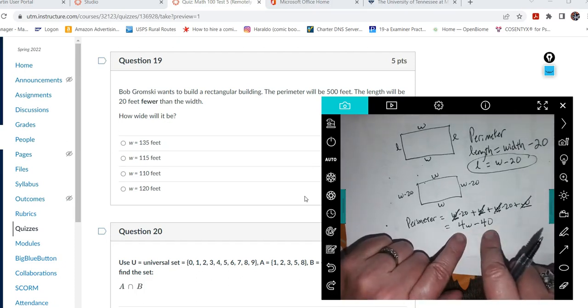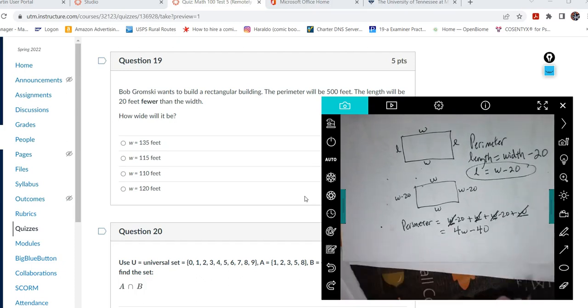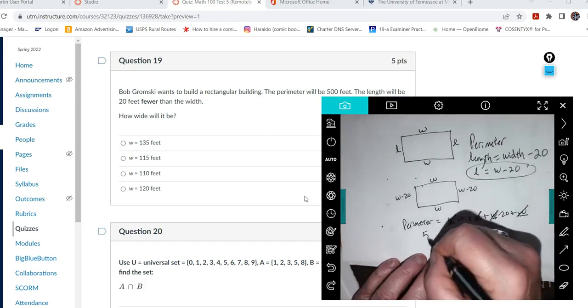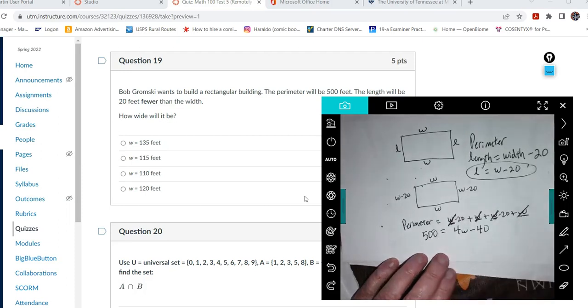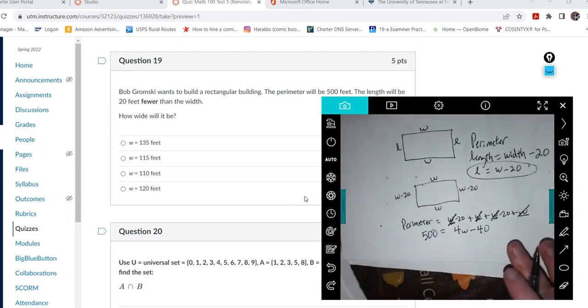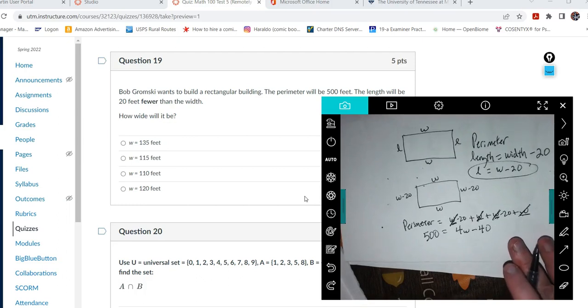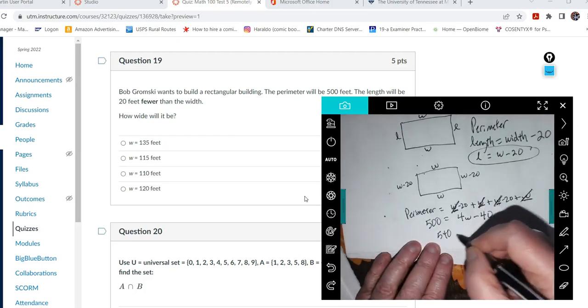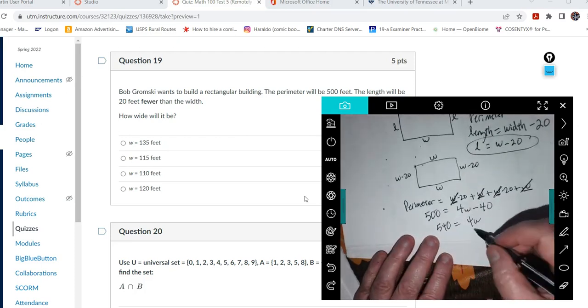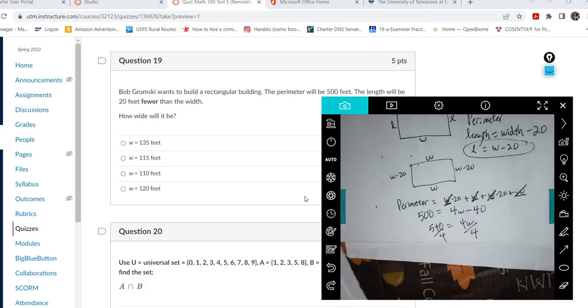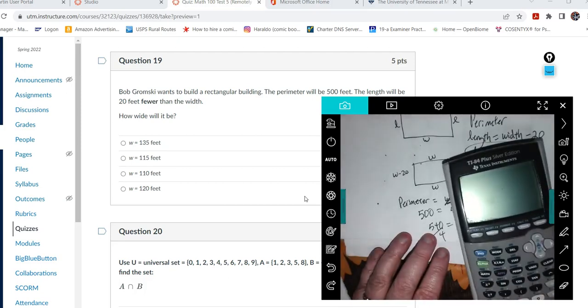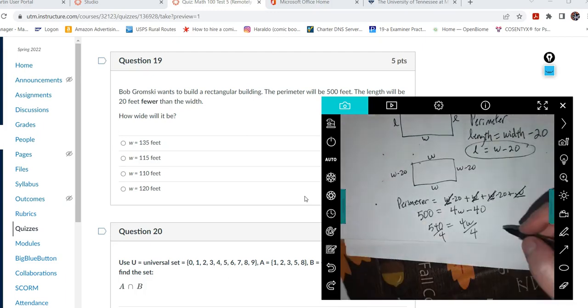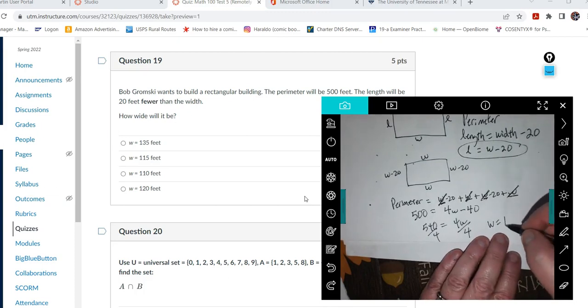That's my perimeter. But we were also told in the problem that the perimeter is 500 feet. Okay. All right. So now we've been asked how wide will it be? What's the width? So we just have to find W. Okay, add 40 to both sides. And then divide both sides by 4. Okay, I get 135. So the width is 135.